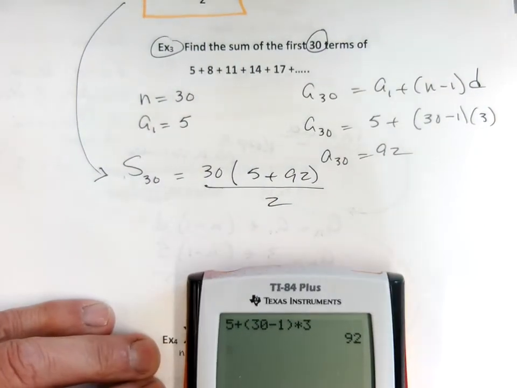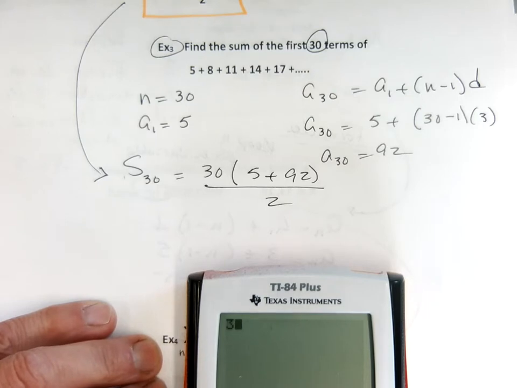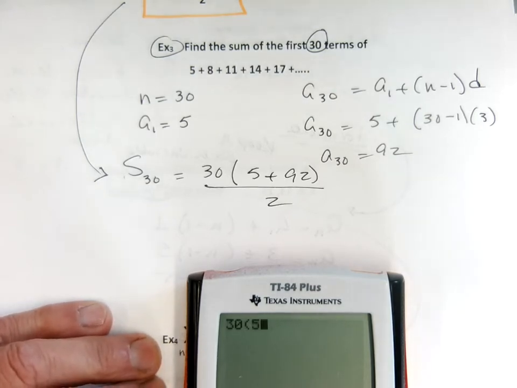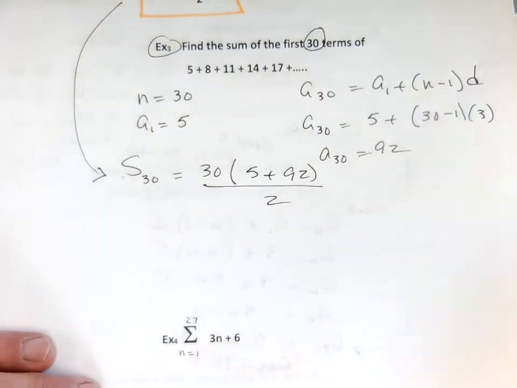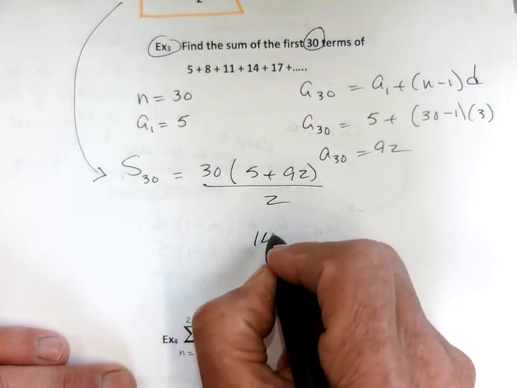I'm just going to use my calculator. I'm going to go 30, parentheses, 5 plus 92, divided by 2, and I get an answer of 1,455. Much faster than making every term and adding them up, right?